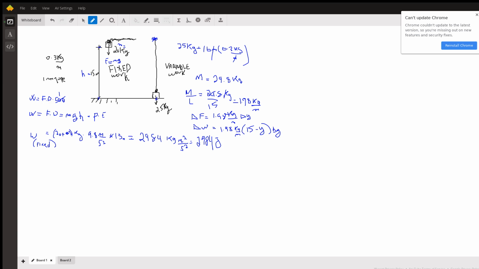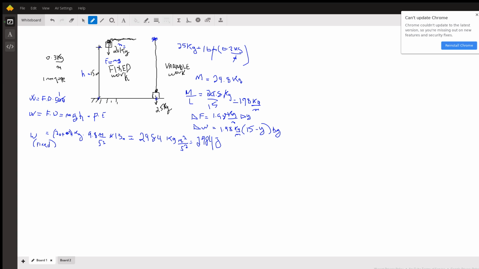Now I'll solve the integral. The integral is 15y minus y squared over 2. And since this is a definite integral, you have to evaluate it from 0 to 15.